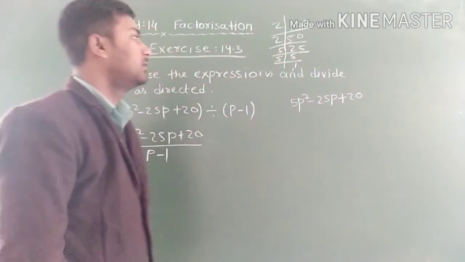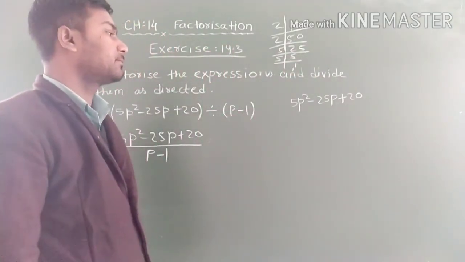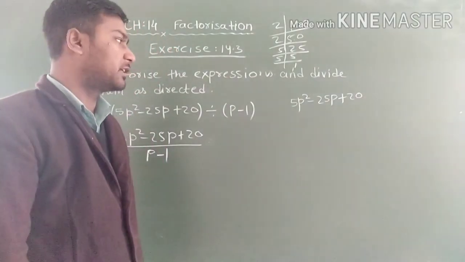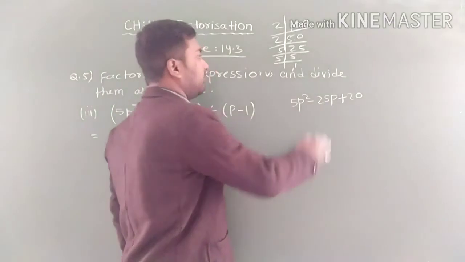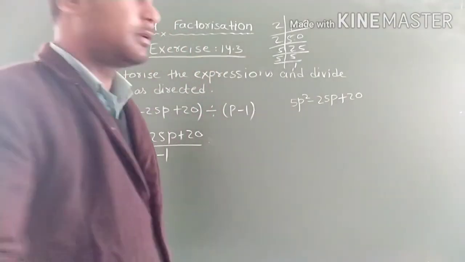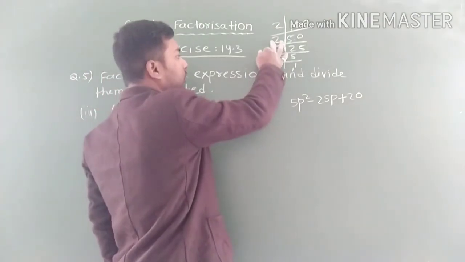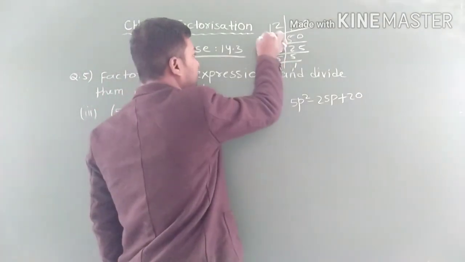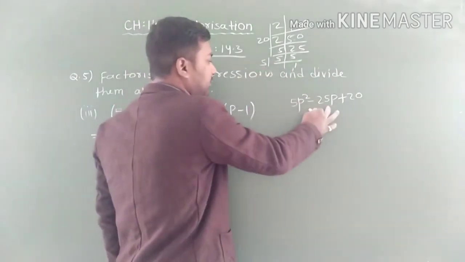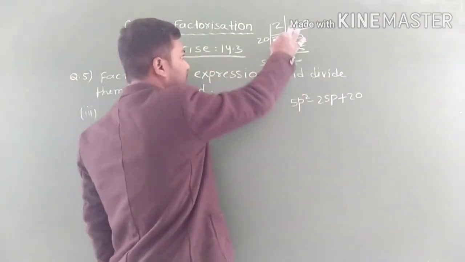Okay. So again, on multiplication it will be 100. And on addition and subtraction it will be 25. Now 2 into 2, that is 4, 4 fives are 20. So this will be 20 and this is 5. 20 plus 5, that is 25, and 20 into 5, that is 100.